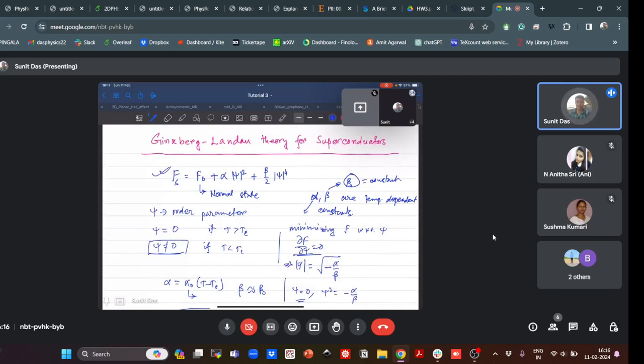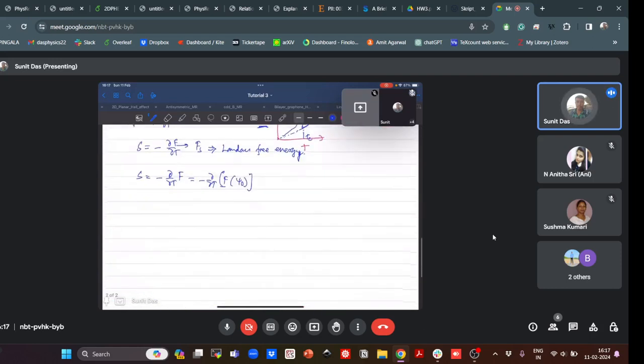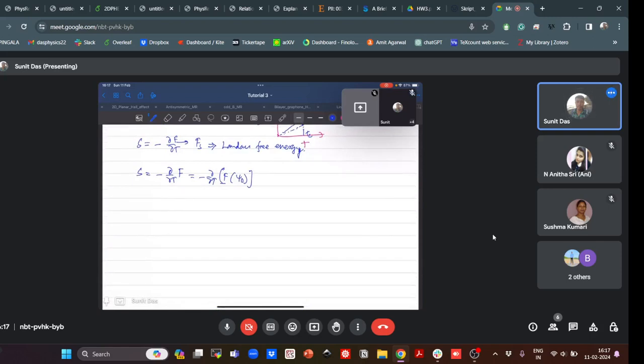Otherwise this will not make sense. So let's evaluate first what F at psi_0 is. We had F_s equal to alpha psi_0 squared plus beta by 2 psi to the power 4.